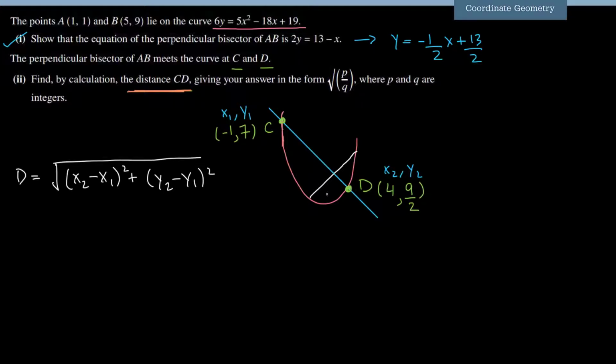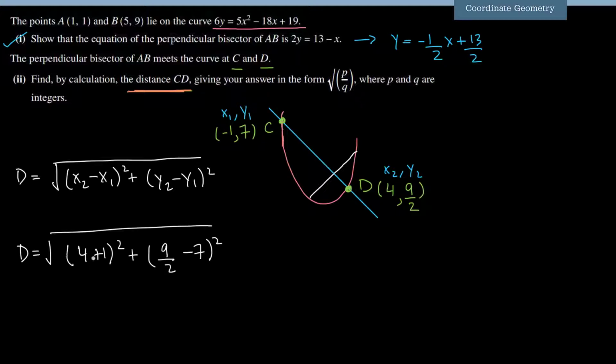So this would be equal to square root of x2 is 4 and x1 is minus 1. So 4 minus minus 1 would give me 4 plus 1 whole square plus y2 minus y1. So 9 upon 2 minus 7 whole square. 4 plus 1 is 5.